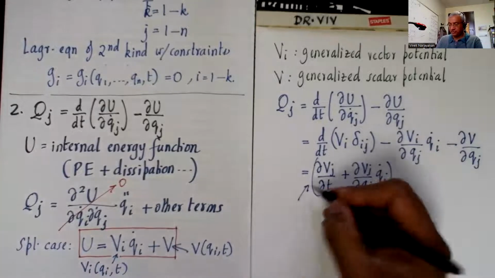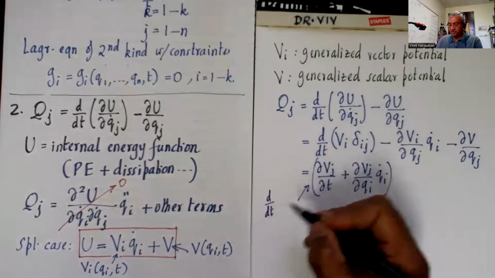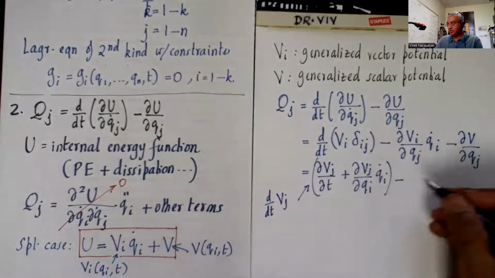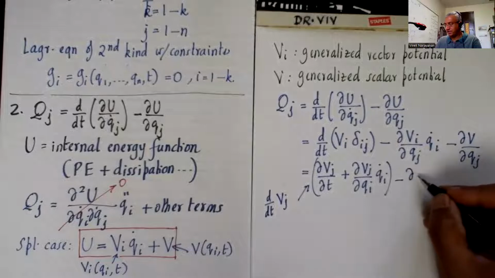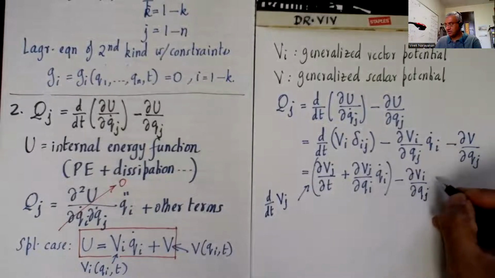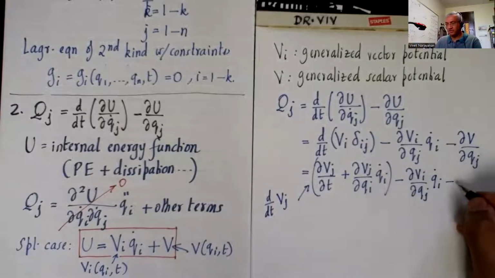So this is just d by dt, the total derivative of Vj, written like that. And then the other terms go along for the ride. So I get del Vi by del Qj, Qi dot minus del V over del Qj.